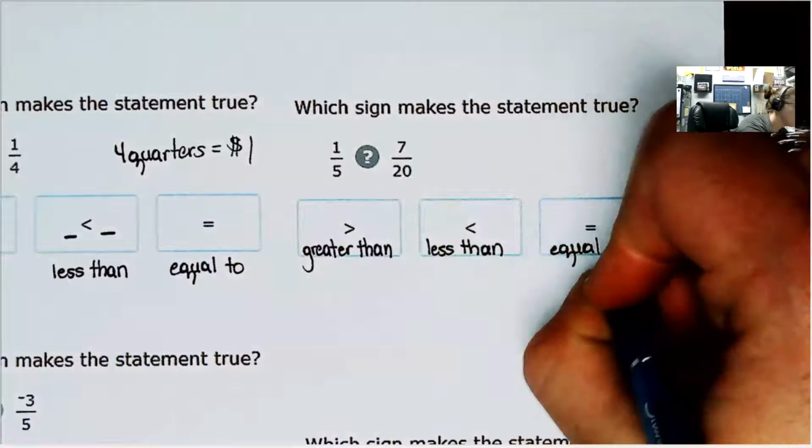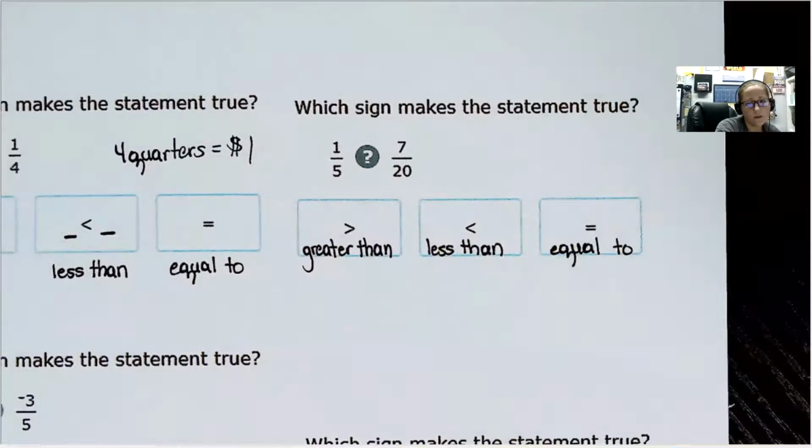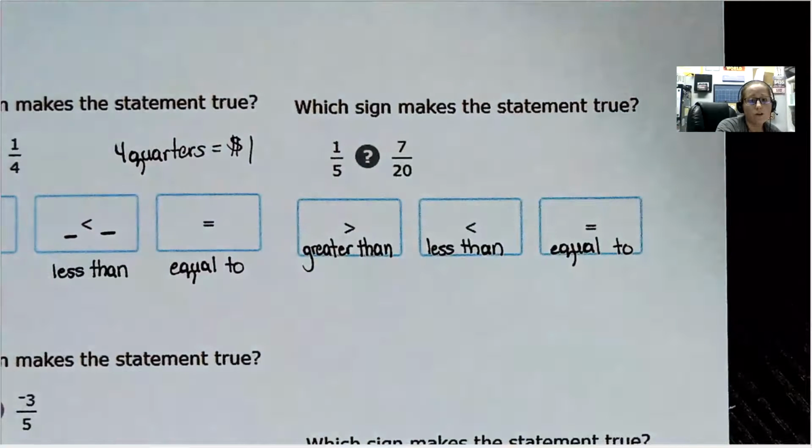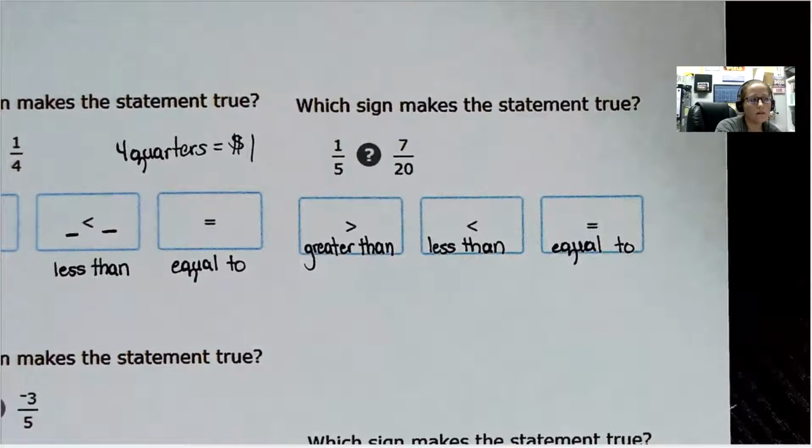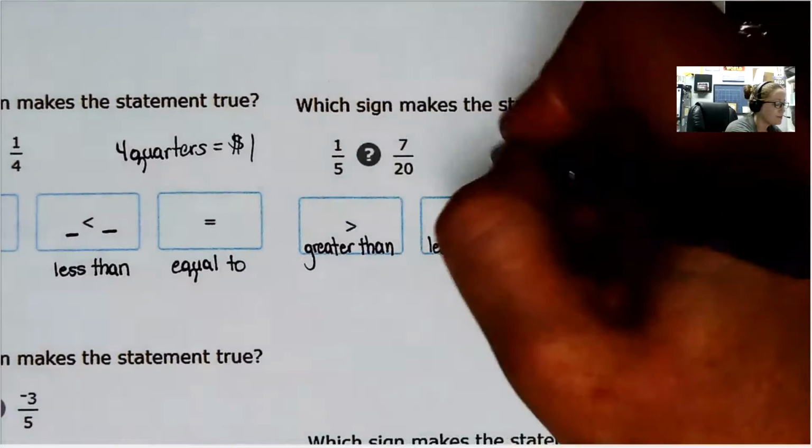This question is a little bit more challenging because, as you can see, you have 1/5 and 7/20. The problem is they don't have the same denominator. To make this look more friendly and to decide which is the bigger number, it's important to make the denominators the same.